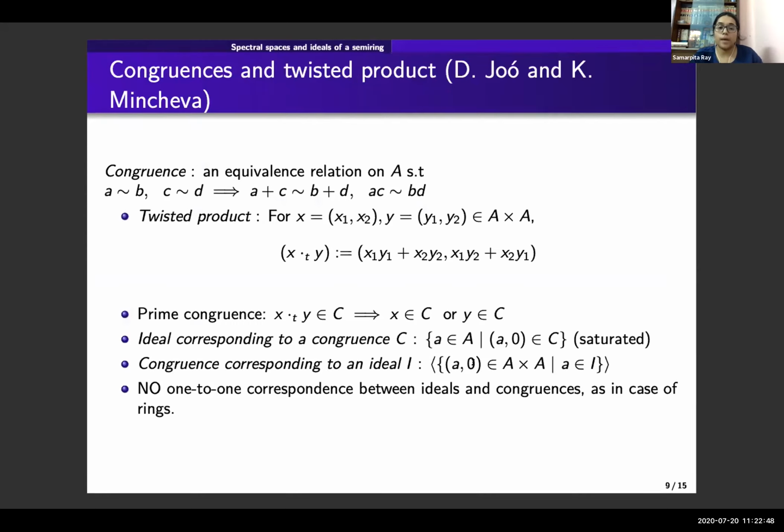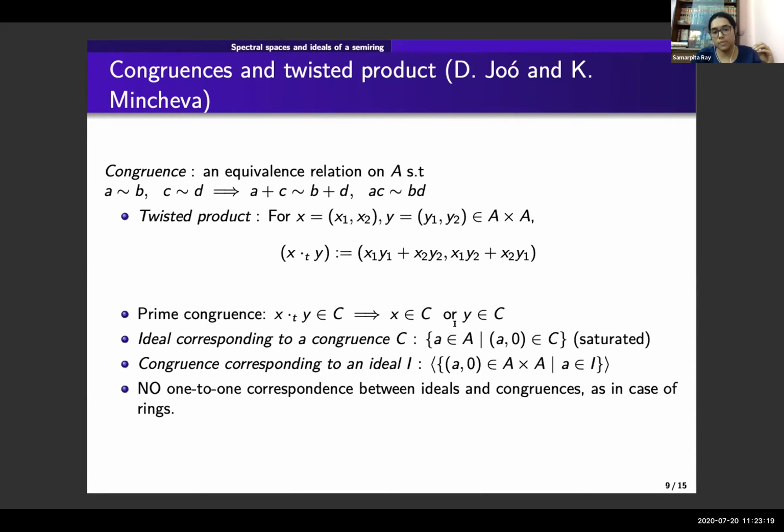When you work with rings, you have additive inverses, that is, subtraction. And that is exactly what helps you prove that this correspondence is an isomorphism, a bijection. But if you do not have additive inverses, then that doesn't happen. For example, this is called the kernel of a congruence, and it's an ideal. This is the associated ideal, the ideal that you associate to a congruence.